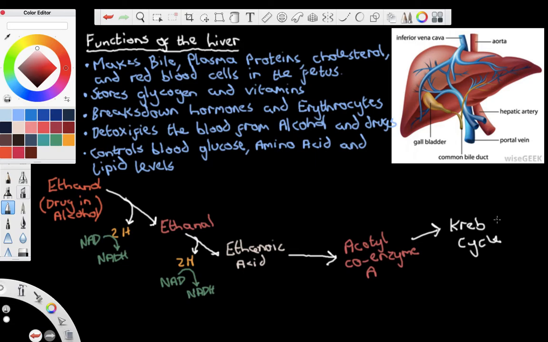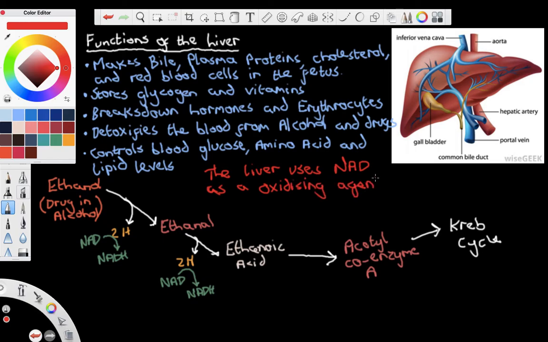Okay, so this is showing how the liver detoxifies the blood of alcohol. So the liver uses NAD as an oxidizing agent, because remember, oxidation is loss of hydrogen.